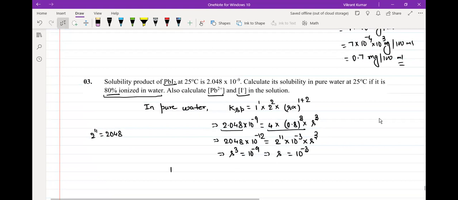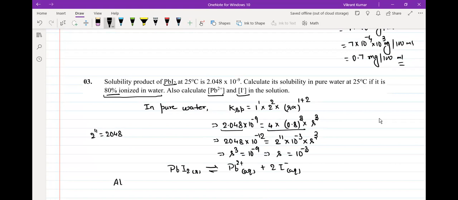If you remember हम लोगों ने बात की थी कि PbI2 solid से, if I am writing the reaction, if the solubility was S, so we were saying that at saturation, which is nothing but at equilibrium वाला condition, if S is the solubility, तो इसका हम लोगों ने बोला था XS alpha was the concentration, है ना? इसको XS alpha बोला था और इसको YS alpha बोला था.